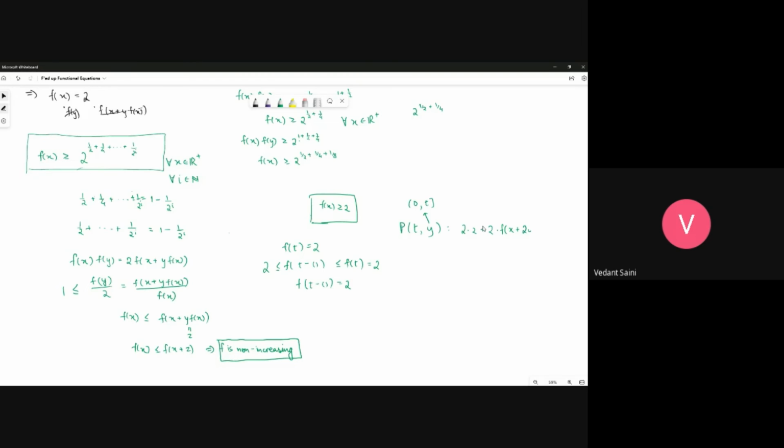F of x equals 2, we get f of x plus 2y equals, y ranges from open interval 0 to t, so x plus 2y ranges from open interval x to 3t. Ah, this is t. Sorry.